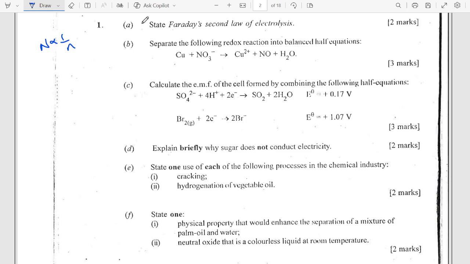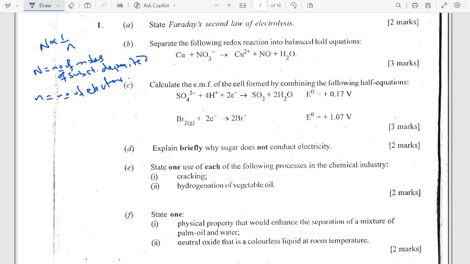The beautiful thing about proof is that you can just write this and write the meaning. Your N here means number of moles of substance deposited. Then small n here is number of electrons.